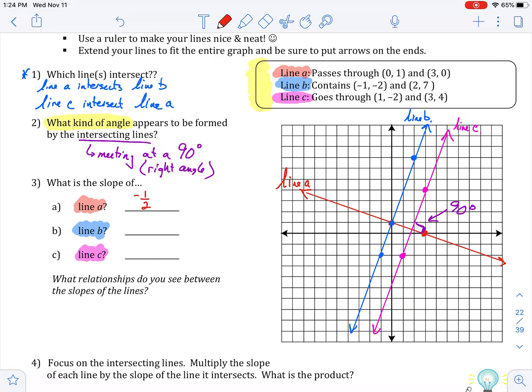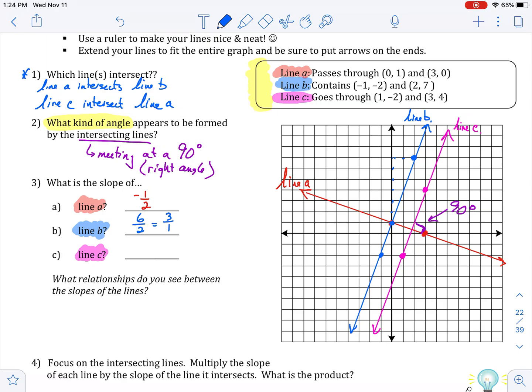If I take a look at line B, I'll change my color, it is going up 1, 2, 3, 4, 5, 6. Let me check that. 1, 2, 3, 4, 5, 6, and over 2, which is going to be 3 over 1 as we adjust it.